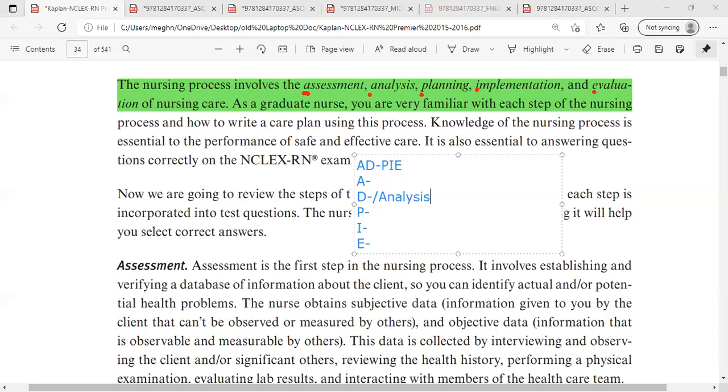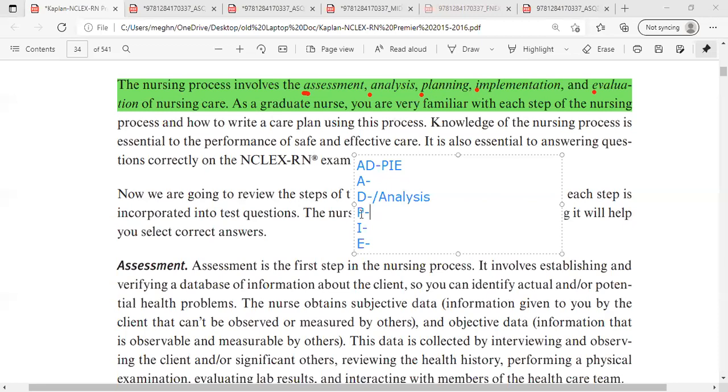Validating data means the patient is saying something, but during the examination or history taking you feel something is wrong, something suspicious. It is more common in the psychiatry unit. Or organize and determine if there is a need for more data collection. And also in this phase, the nurse uses data to formulate the nursing diagnosis.